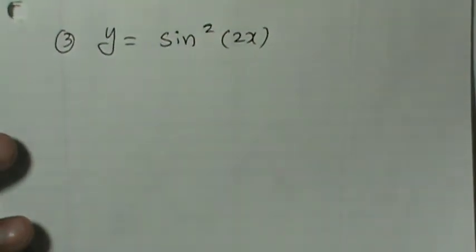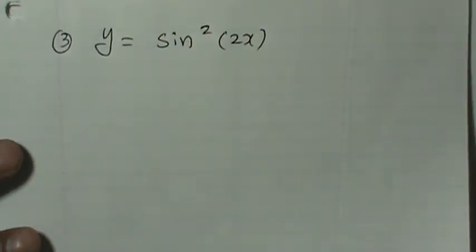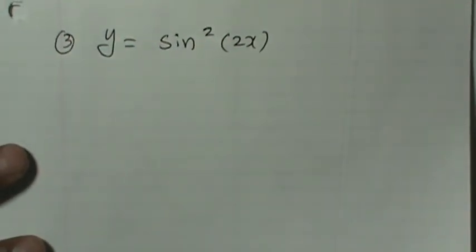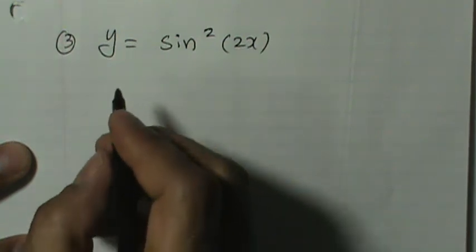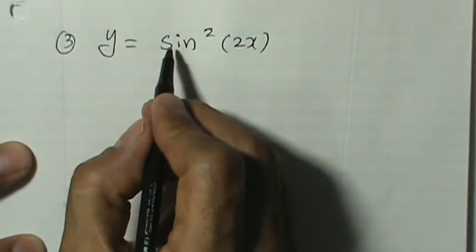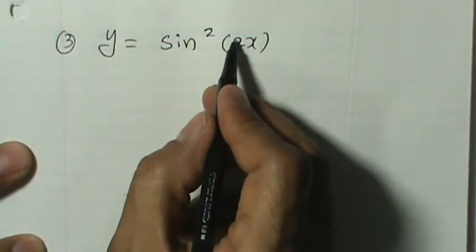And right here, this is another nice example which clarifies everything in terms of derivatives of sine functions. So you can see that we have sine squared of 2x.